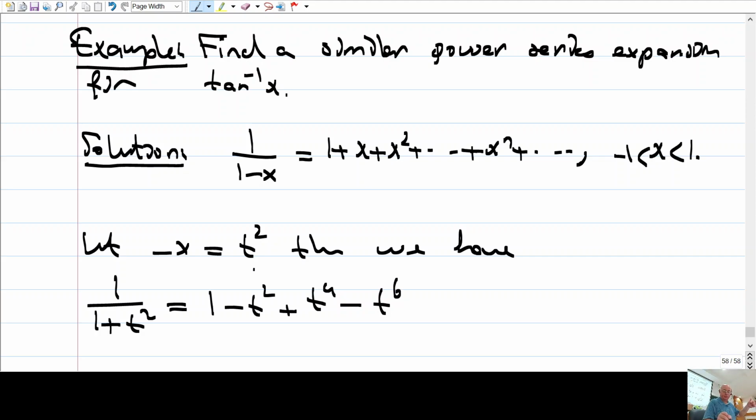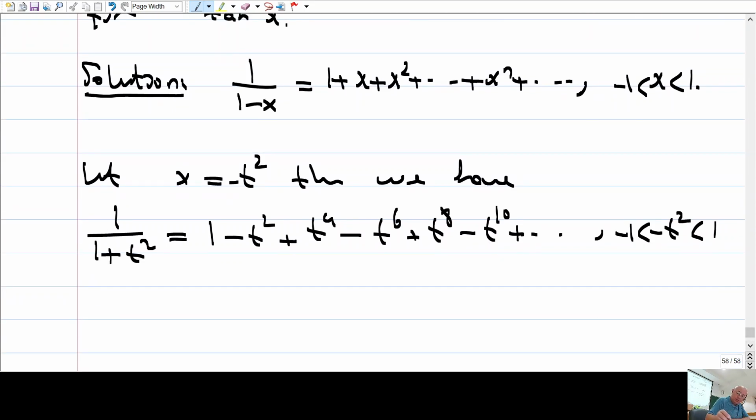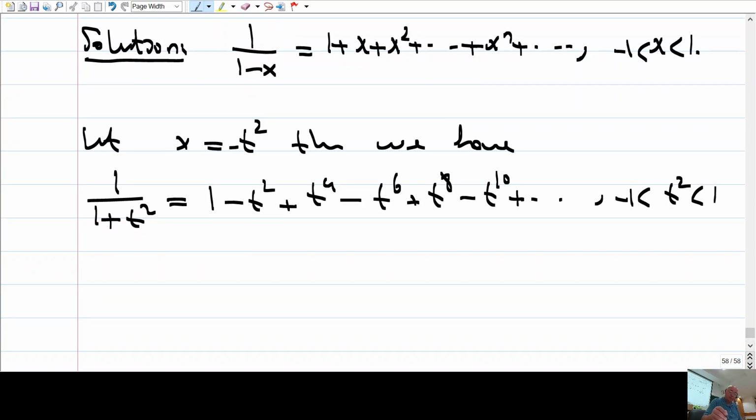I am writing minus t squared instead of x. So, minus t squared, t to the power 8, t to the power 10, and so on. Here, of course, minus t squared should be between 1 and minus 1. Of course, this is the same thing as saying t squared between 1 and minus 1, right? So we have this. And then we do what? Well, I can just integrate this from 0 to x.